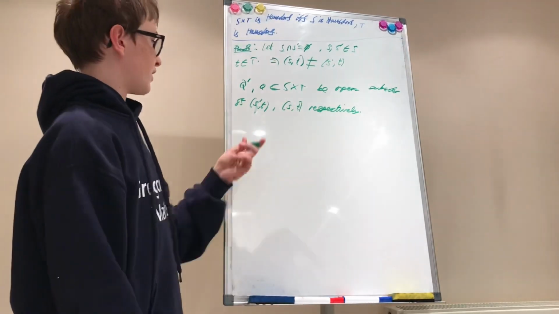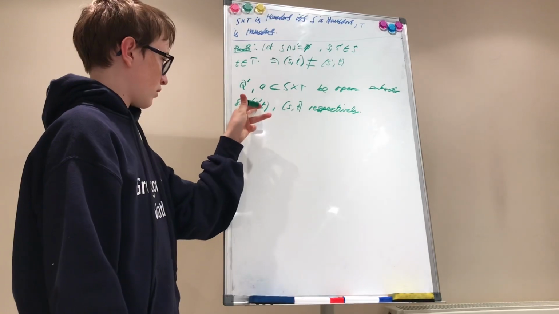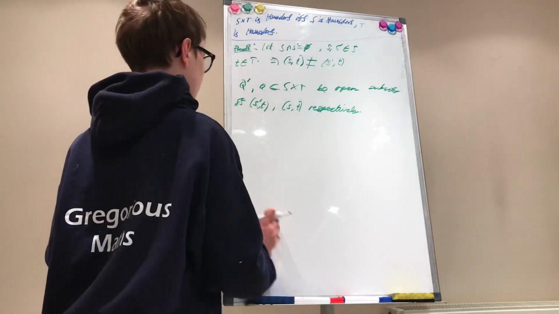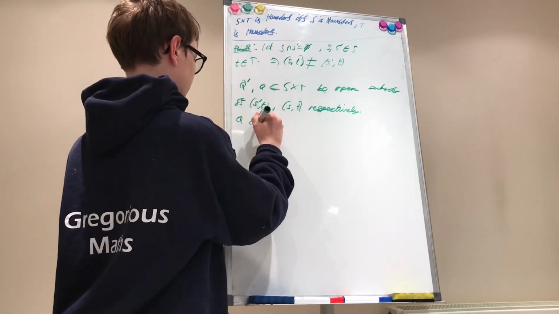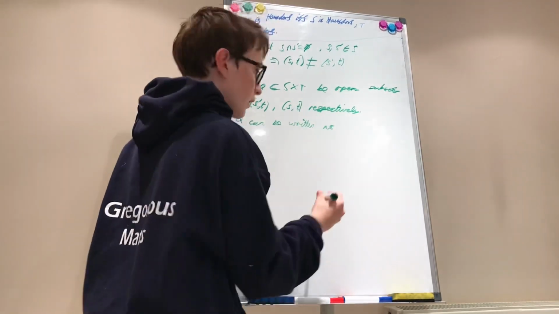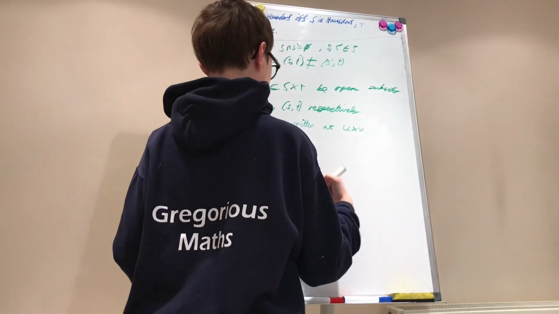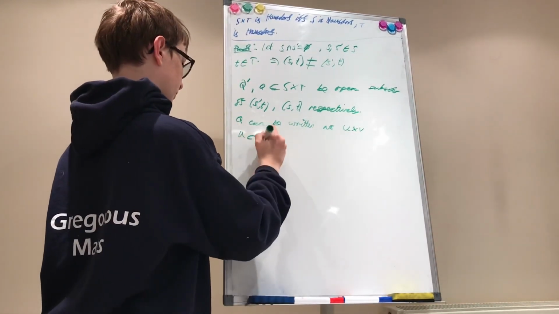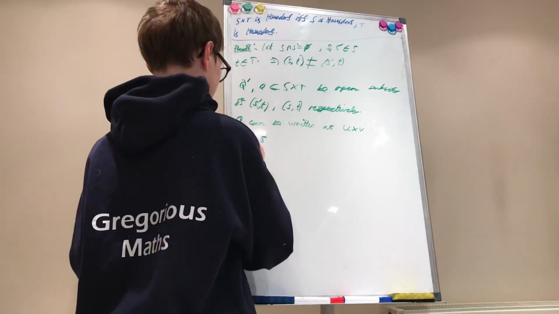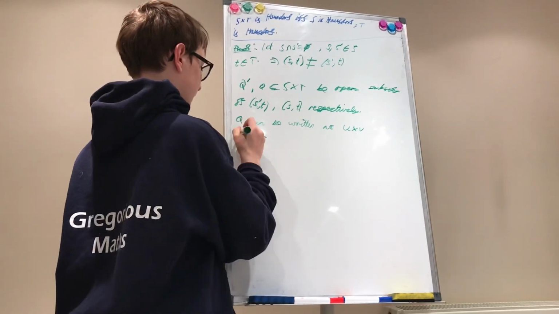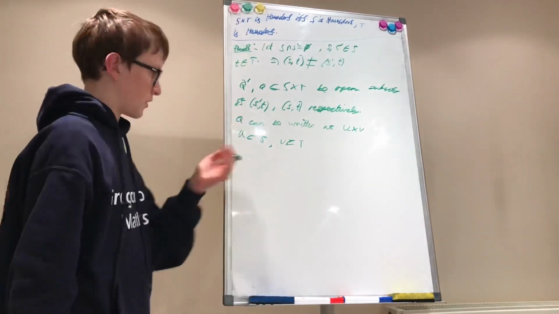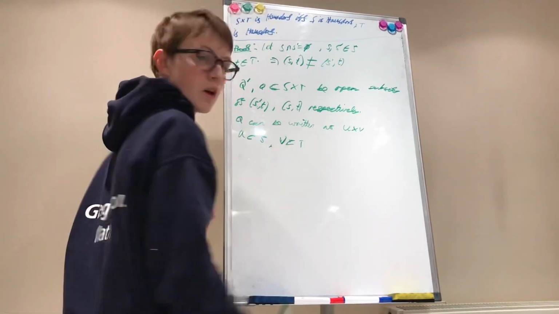Now, what this means is because Q and Q prime are in the product topology, this means that Q can be written as U cross V, where U is an open subset of S, just remember that U is open, okay? And V is an open subset of T. Okay, just remember that they're open.